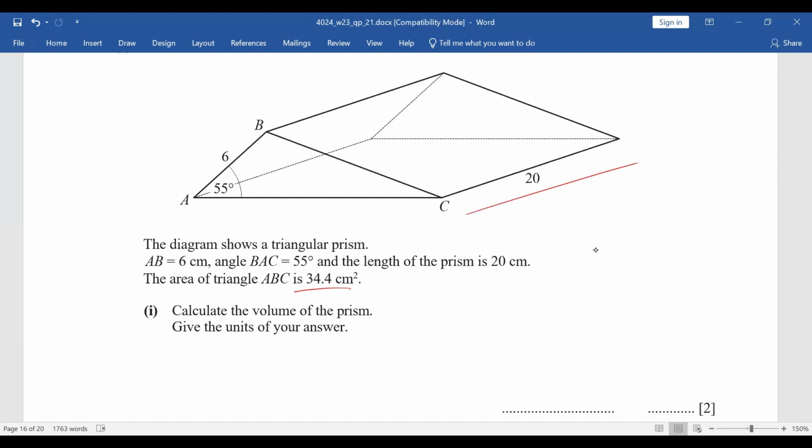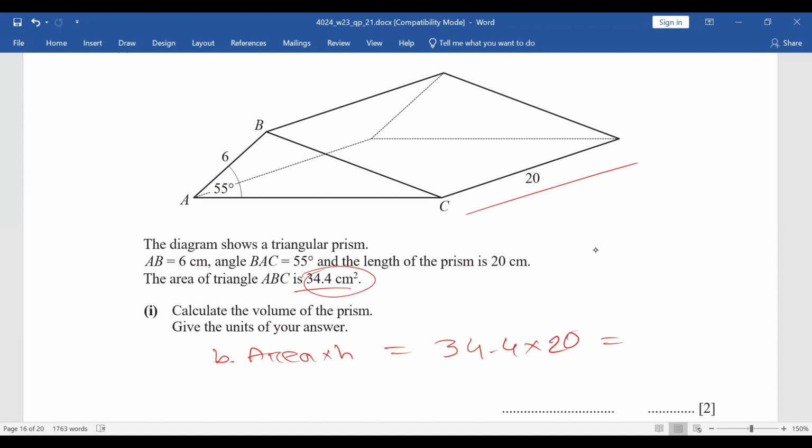Okay, we know that the volume of the triangular prism is base area times height or length. So the base area is given by 34.4, and times the length or the height, which is 20.